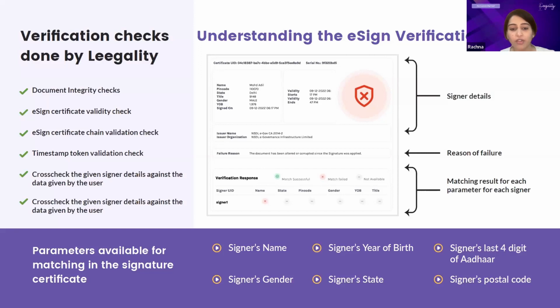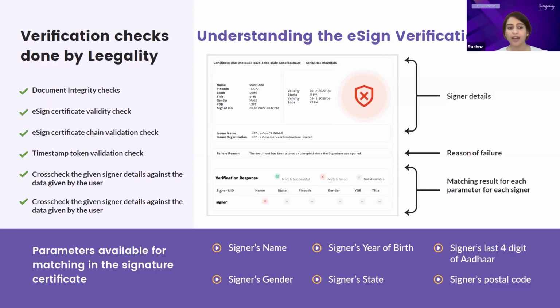And then further on, if NSDL is the issuer, we also try to understand who has issued them. If it's CCA, then we try to understand if all the certificates are valid over there or not. Then the timestamp token validation check, which tries to understand whether the certificate was valid at the time of signing. Then cross-checking the given signer details against data given by the user, which we just did.